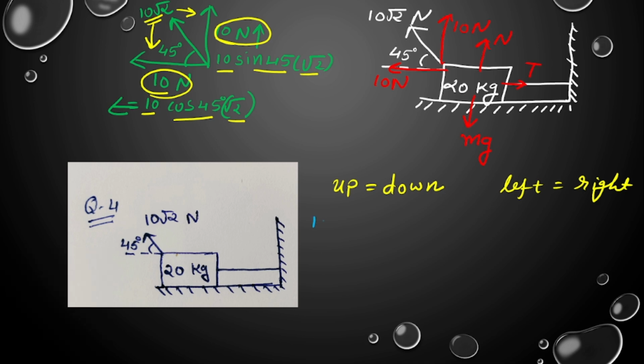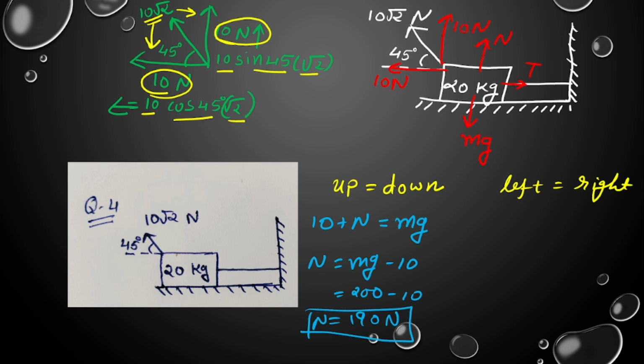Upward force is 10 plus normal equals mg. So normal equals mg minus 10. M is 20, g is 10, so that is 200 minus 10, which comes out as 190 Newton. Normal equals 190 Newton.